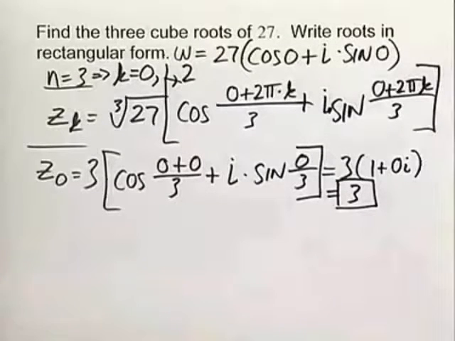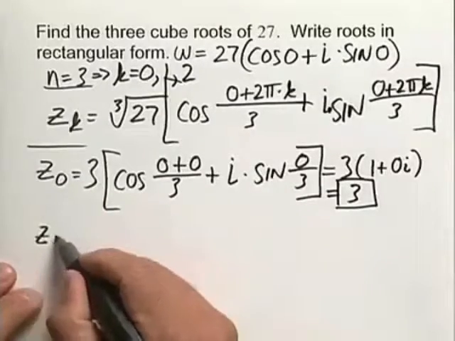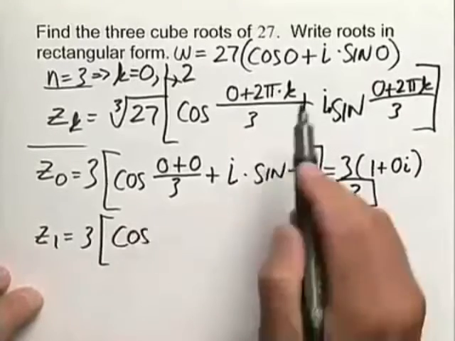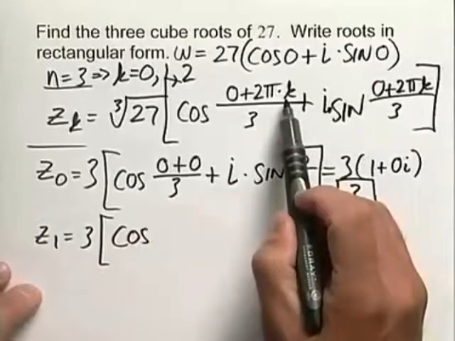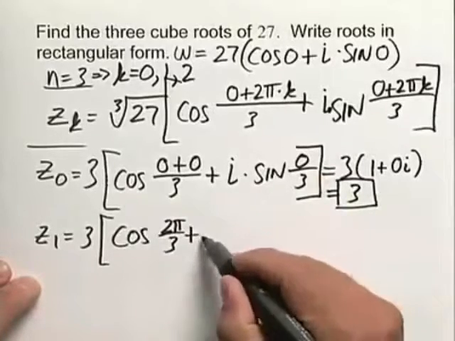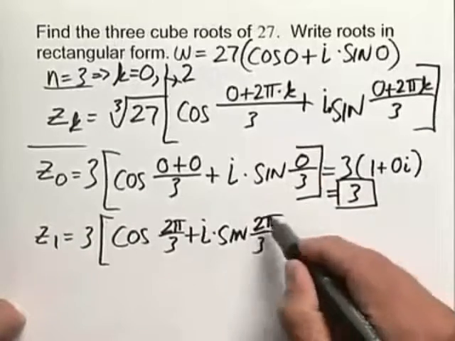Now we need to find the 2 complex roots in a similar fashion by plugging into our formula z sub 1. So we're going to have 3 times the cosine, when k is equal to 1, of 2 pi thirds plus i times the sine of 2 pi thirds.